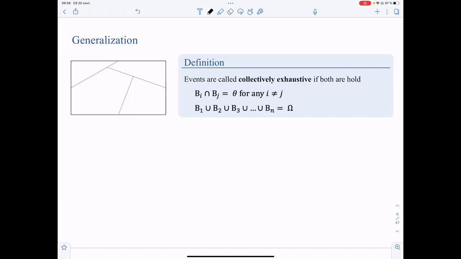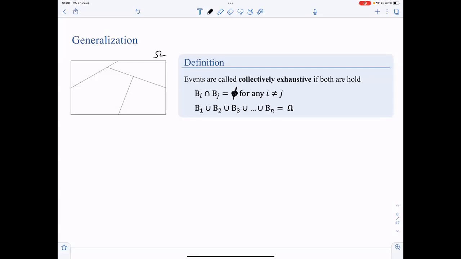And here I say that this rectangle is actually a population that may be split by a finite list of events B that have empty intersection, but their total union gives you the full population or sample space.